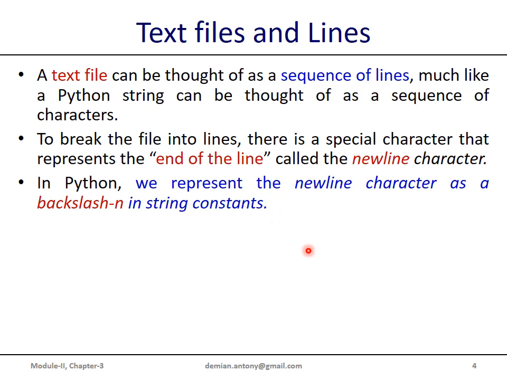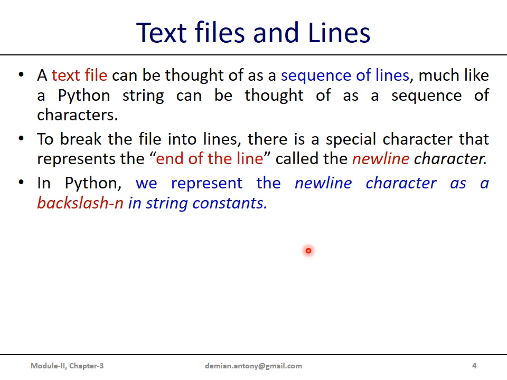Let us take up the text file. A text file can be thought of as a sequence of lines, something like a string which can be defined as a sequence of characters. In a text file we find number of lines containing words, spaces and special characters.